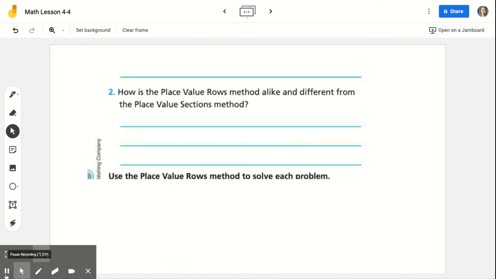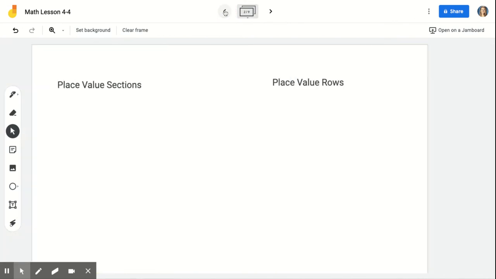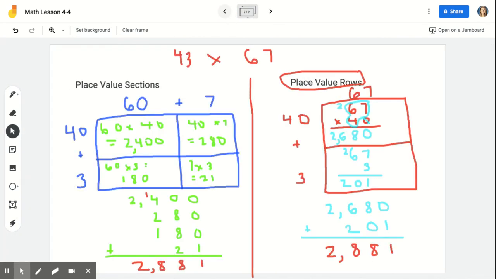All right, number 2 says, how is the place value rows method alike and different from the place value sections method? So let's go on back to your whiteboard, take a look. How are these methods similar? How are they different? Think about it, gather your thoughts, and let's share out.